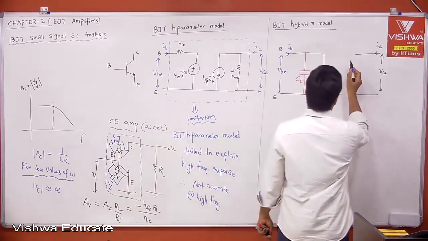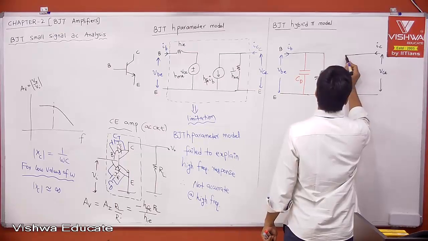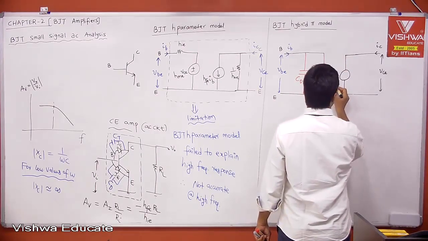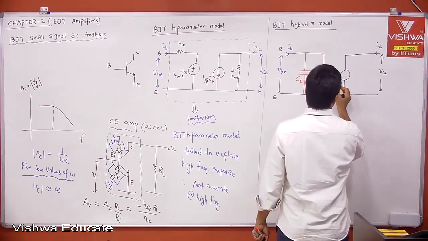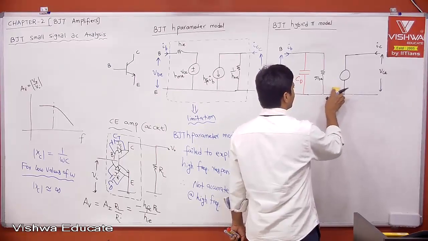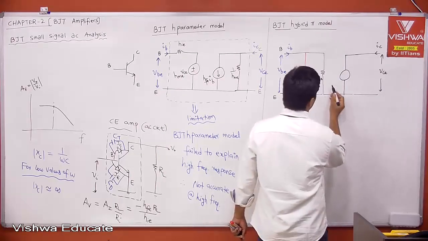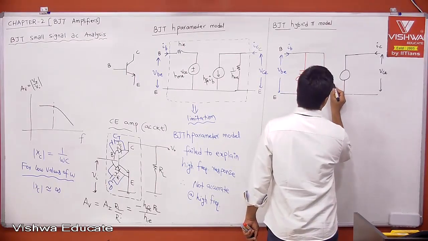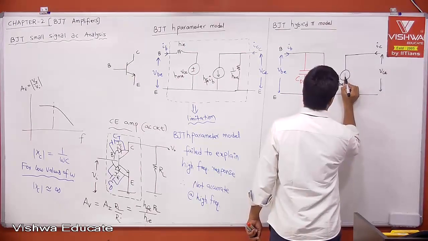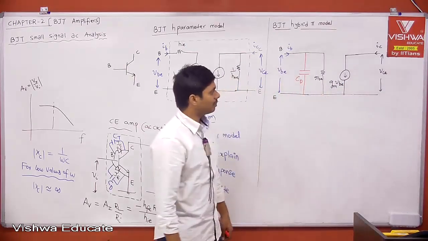Now if I model it that way, this depends on something into VBE. What is that something? That something is nothing but GM into VBE. Why GM?